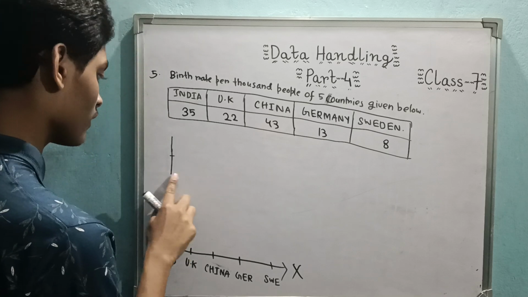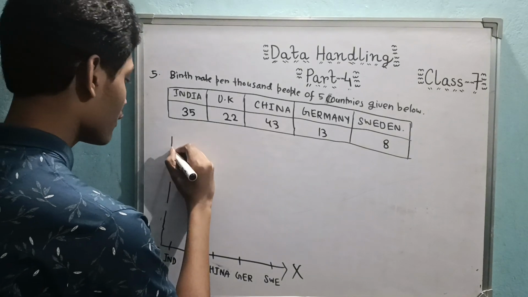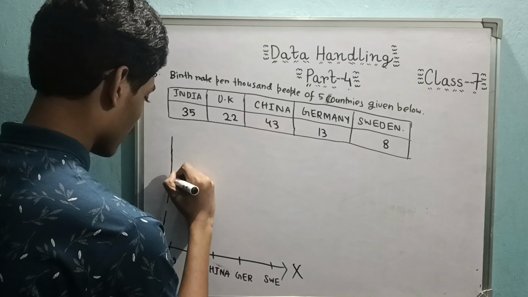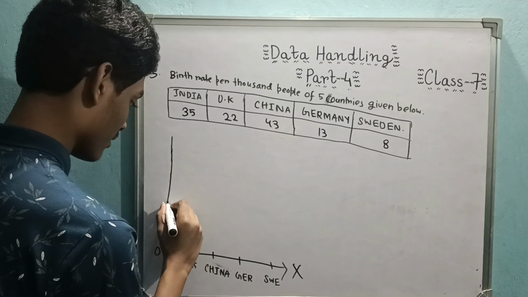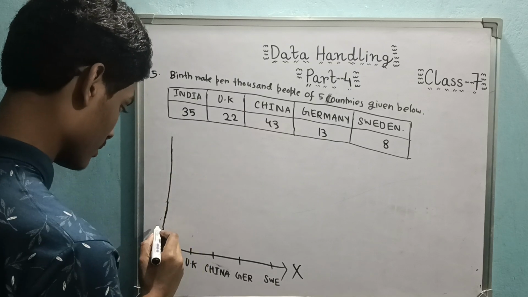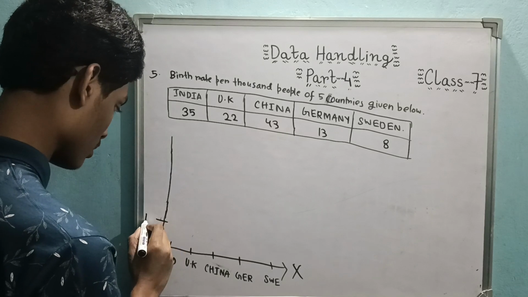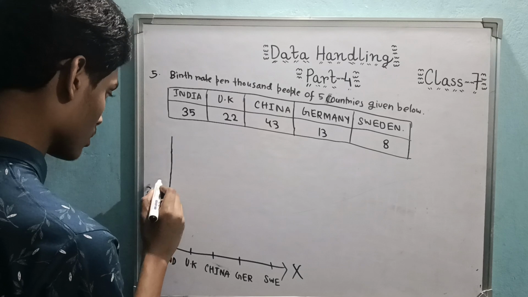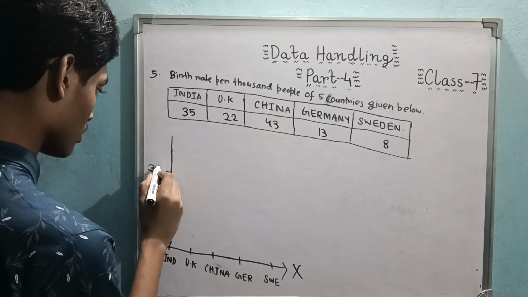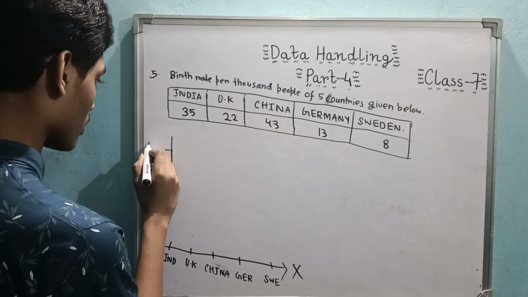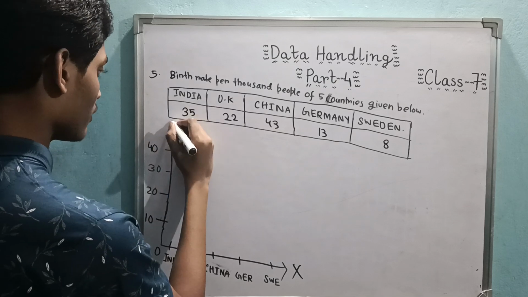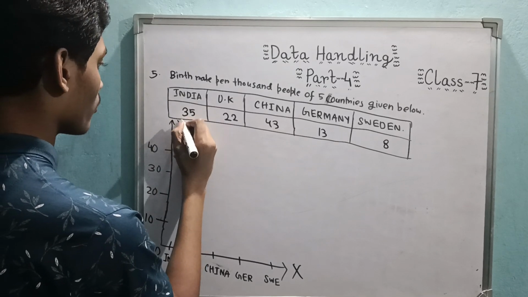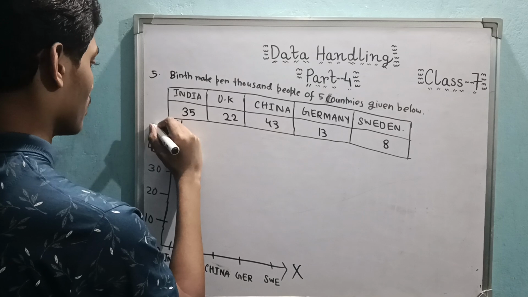Come on, this is what I don't like, mistakes. Let's put 10 here, 20, maybe 30, 40 somewhere around here. And if I increase it a little bit, it can be 50.